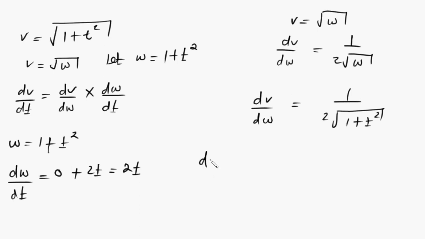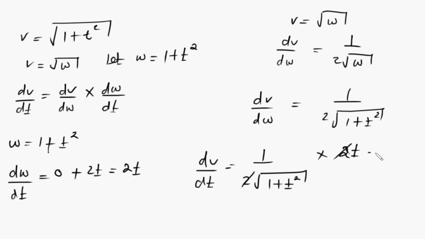So my dv/dt from the chain rule is 1 over 2 times the square root of 1 plus t squared, times dw/dt, which is 2t. The 2 and 2 go away. So dv/dt is t over the square root of 1 plus t squared.